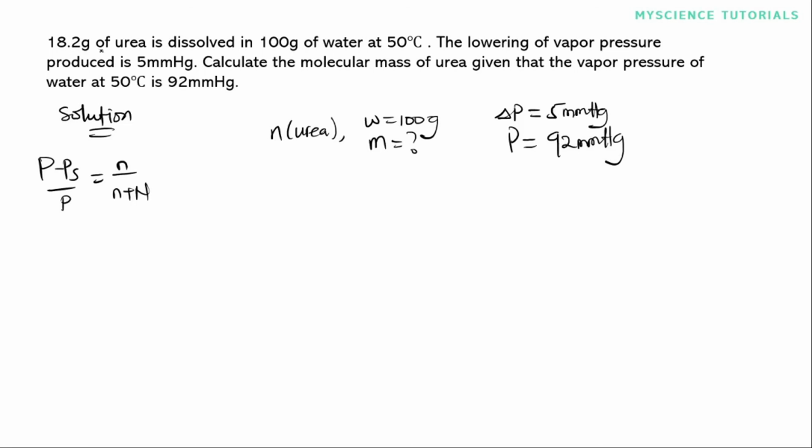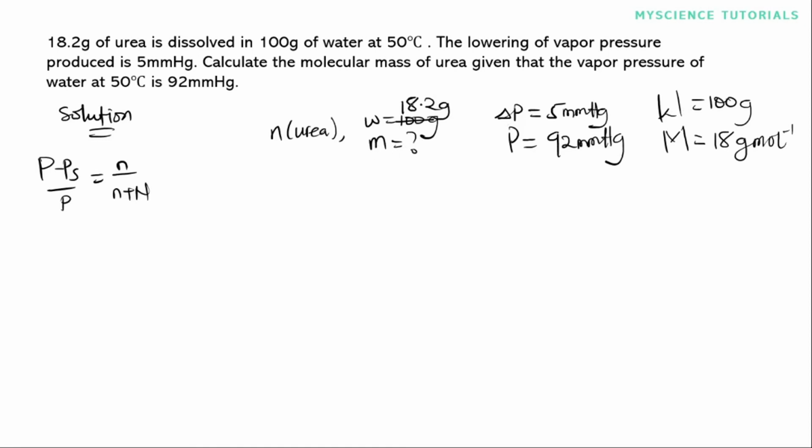All right, so the small w over here is supposed to be 18.2, that is the mass of the urea, and then the mass of water, which is capital W, is supposed to be 100 gram. Sorry about that. We know the molar mass of water is 18 gram per mole. So from here we can easily do the substitution and find our answer.